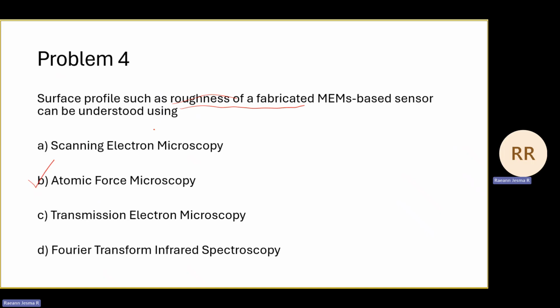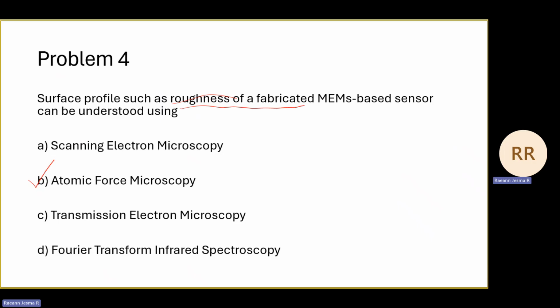It consists of a cantilever with a tip. The tip is moved across the sample, and if the sample has a particular terrain, then as the tip is moved across the sample, the displacement of the cantilever will change.